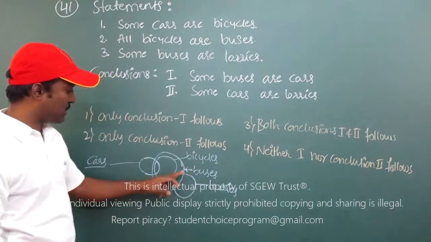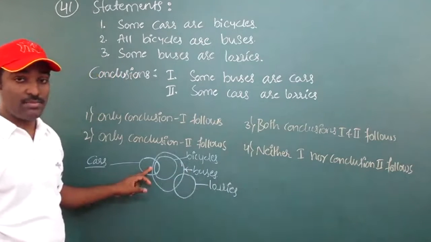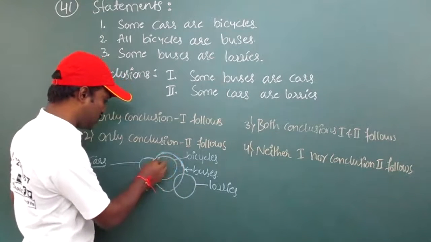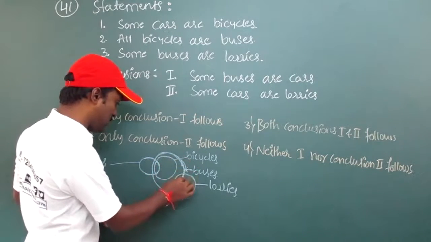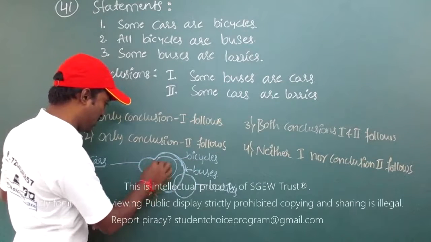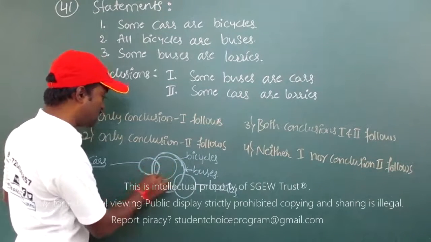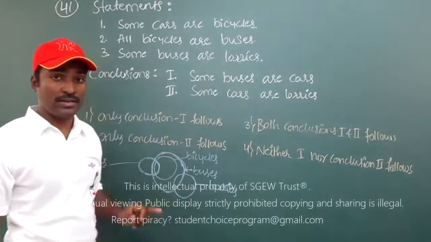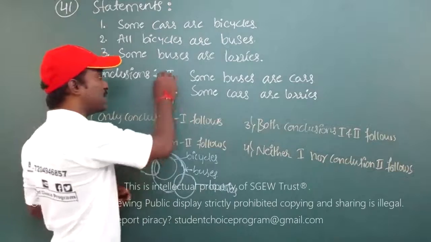Is it possible? Yes, the statement is correct. So this bus circle is going to overlap the circle for cars. Okay, here it is overlapping. This portion is going to give you the first conclusion, some buses are cars. That means conclusion 1 is true.